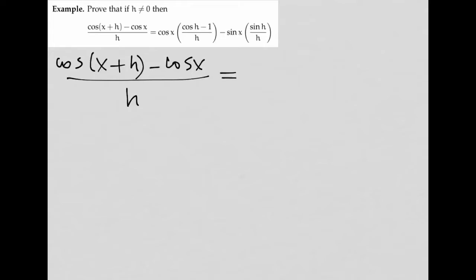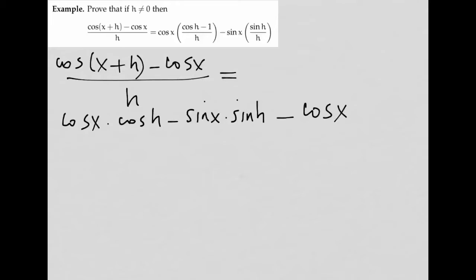I'm going to start out by using the sum formula for cosine of x plus h. That's cosine x times cosine h minus sine x times sine h, minus cosine x, all divided by h. Let's rearrange the terms in the numerator.